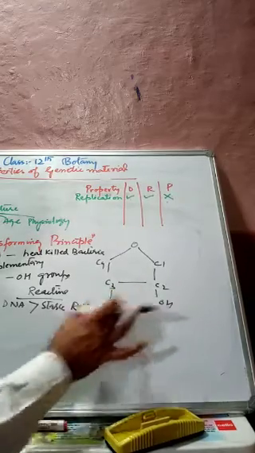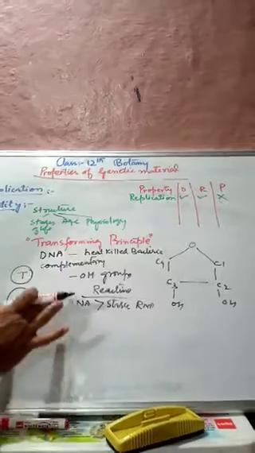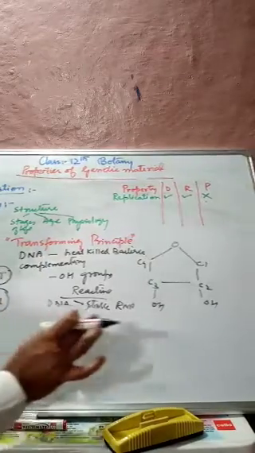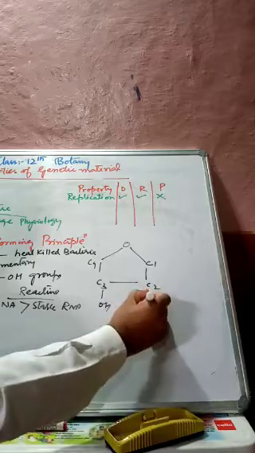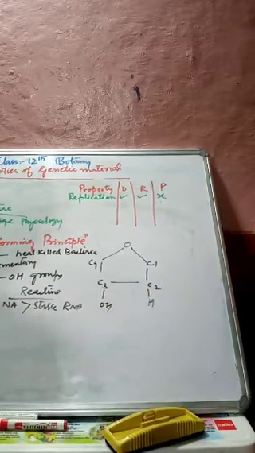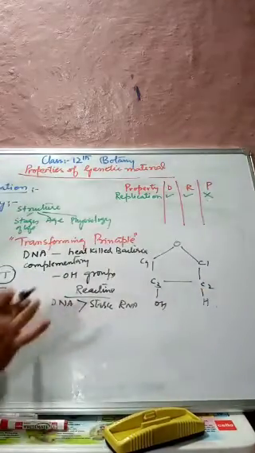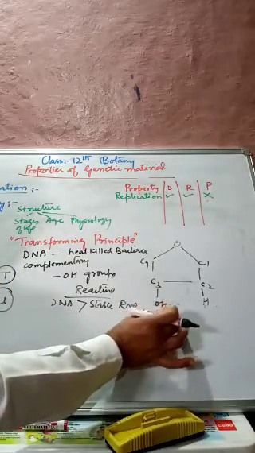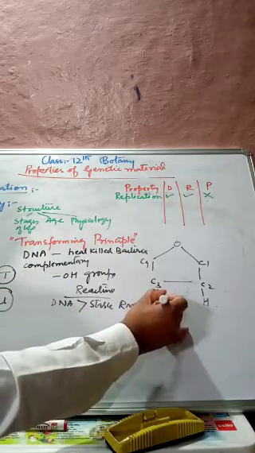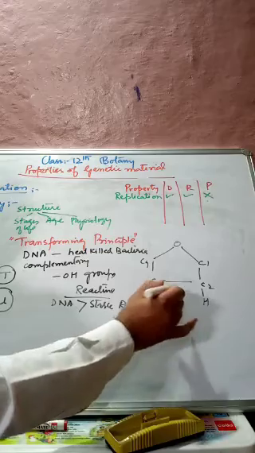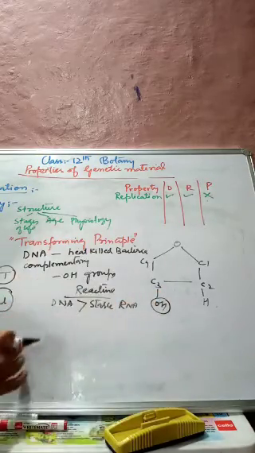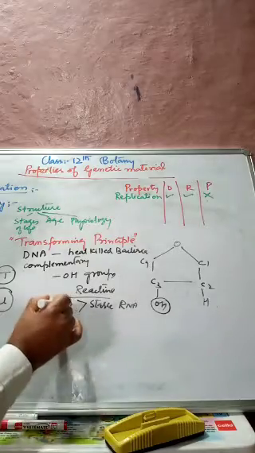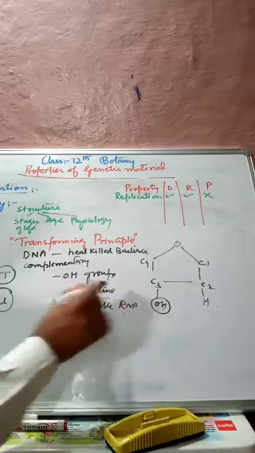So it is not too stable as compared to that of DNA. अगर हम DNA की बात करेंगे, at carbon second it has H there, लेकिन इसके हिसाब से वहां पर सिर्फ अब इसके पास एक ही OH ग्रुप बन जाता है, and it makes it less reactive as compared to that of RNA. So DNA is more stable than RNA.